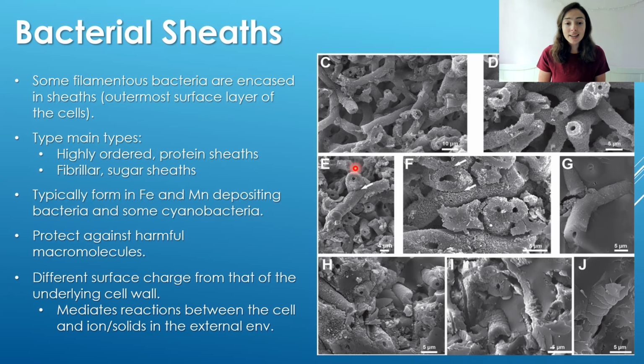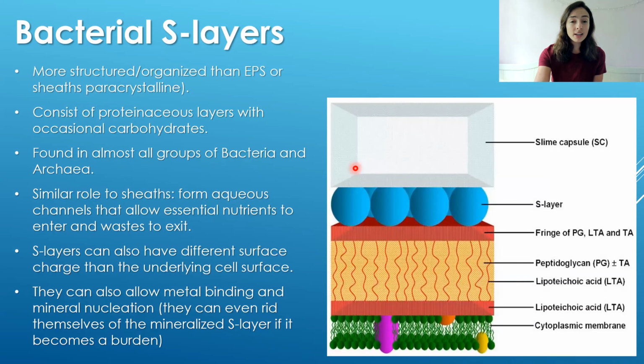And this may mediate reactions between the cell and ions or solids that are in the external environment. So more mediation or protection against maybe harmful reactions, harmful macromolecules entering the cell, all of that by having this protective sheath layer. And we'll move on to S layers now, but remember, we'll talk about how sheaths might absorb material and what material they might be able to absorb later on in the biosorption section.